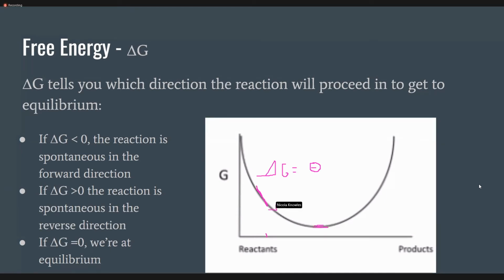And I can also draw arrows here. At any point here, I'm going to get a negative delta G, which tells me I need to move in the forward direction to get to equilibrium, at which delta G equals 0.